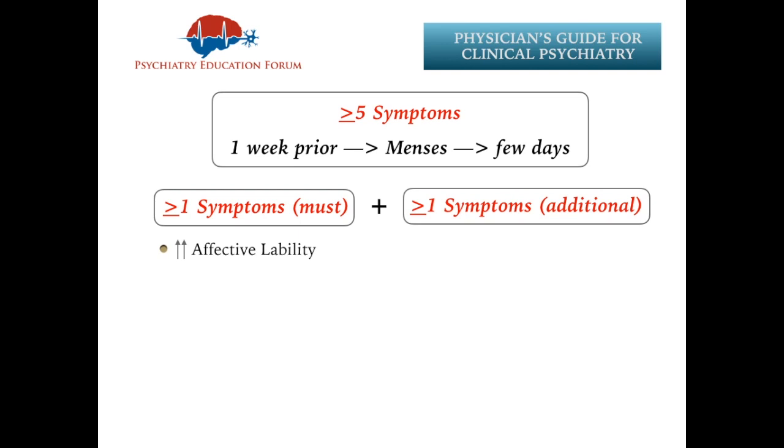That's number 1. Number 2 is increased irritability or anger or increased interpersonal conflicts. Number 3 is depressed mood, which can be feelings of hopelessness or self-negative thoughts.